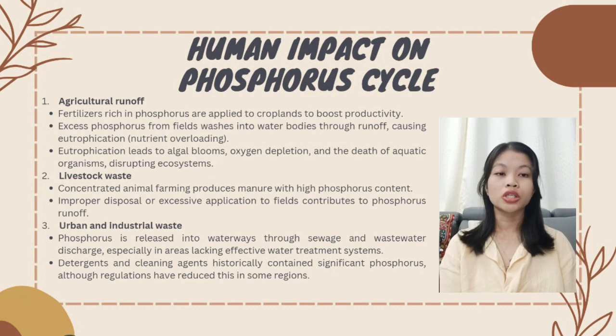Excessive application of this manure as fertilizer to agricultural fields often exceeds the soil's capacity to absorb phosphorus. During rainfall or irrigation, the surplus phosphorus runs off into nearby rivers, lakes, and streams. This nutrient loading contributes to problems like eutrophication, promoting algae blooms and oxygen depletion in aquatic ecosystems.